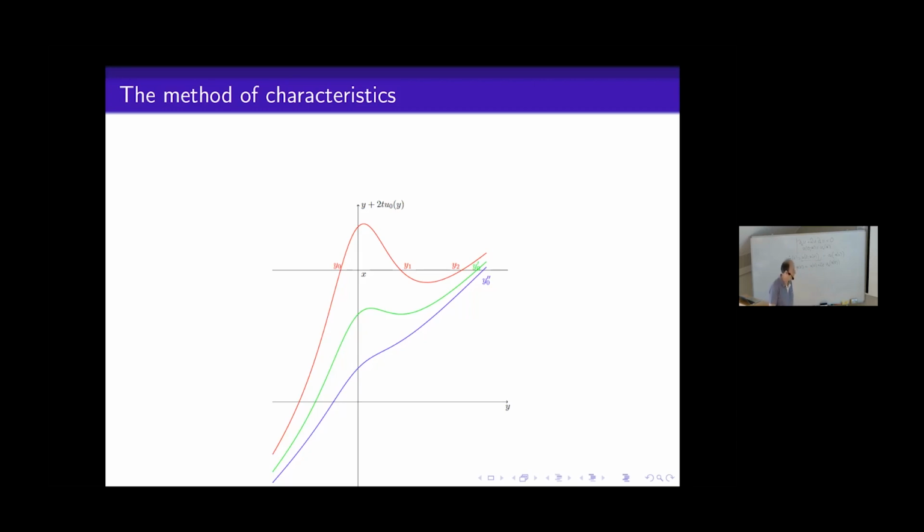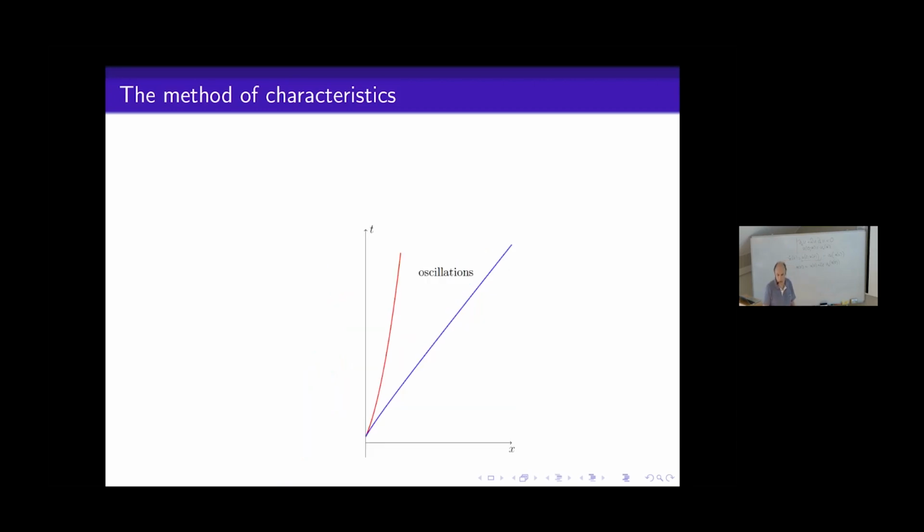And this implies oscillations. So this is exactly the zone where you have several characteristics crossing. Outside of this zone, there is just one characteristic. Okay? And what I'm interested in is what's going on here.